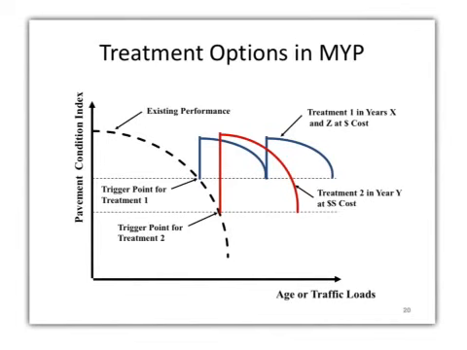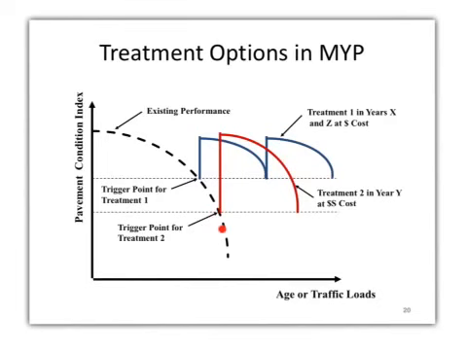Or we can wait for the original pavement section to reach another trigger point, which is here. That means we waited an extra few years, and the pavement condition is now worse compared to trigger point number 1.